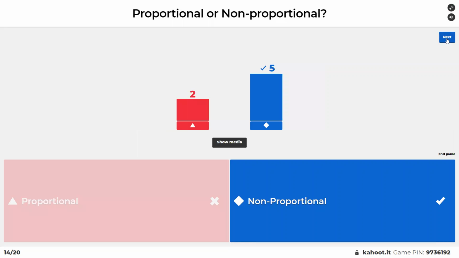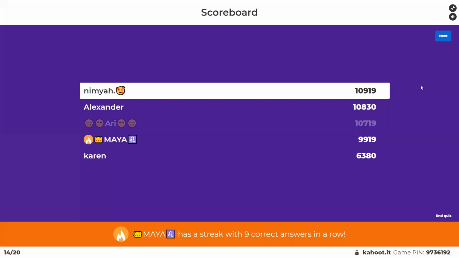Good job, guys. 16 divided by 4 would be 4. 20 divided by 8 would not be 4. Nice job, guys.